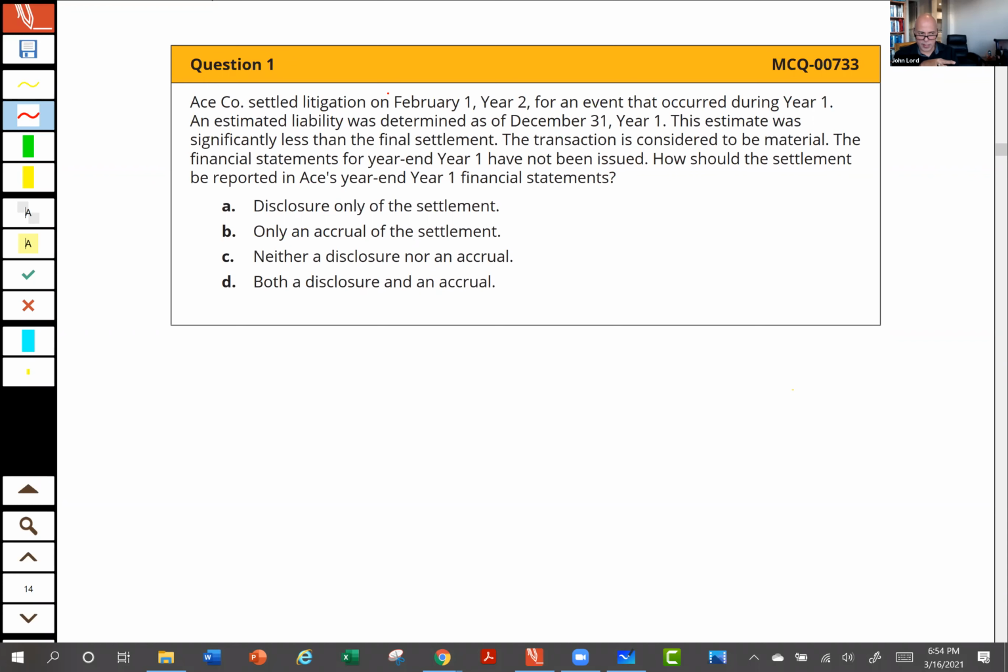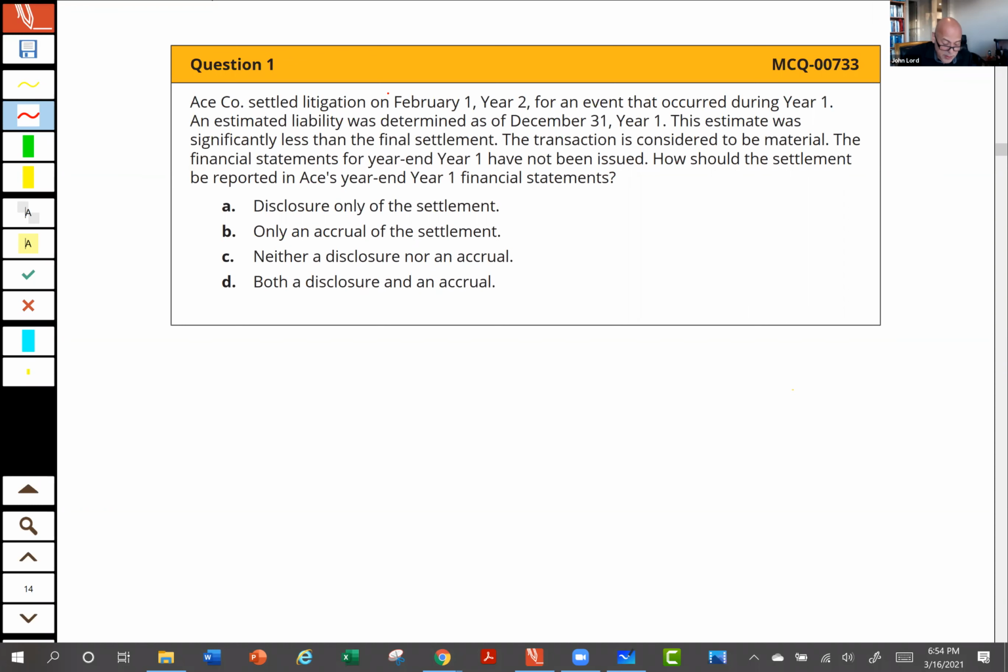Maybe I should have pointed that out. Accrue and disclose; you don't accrue something and not disclose it. So if it's a recognized subsequent event, you accrue and disclose. If it's a non-recognized subsequent event, you just disclose.